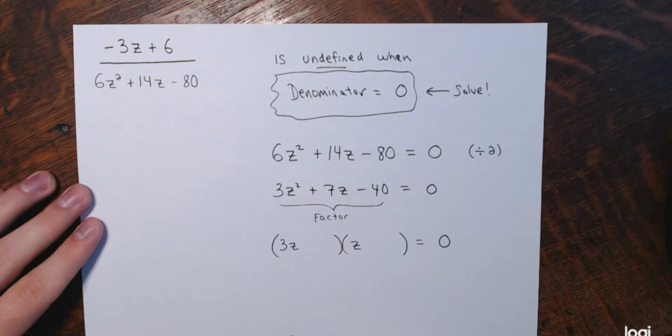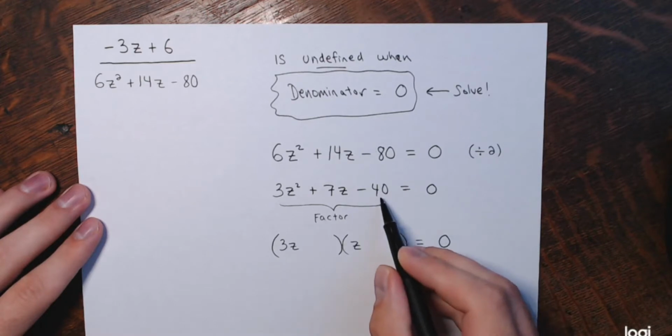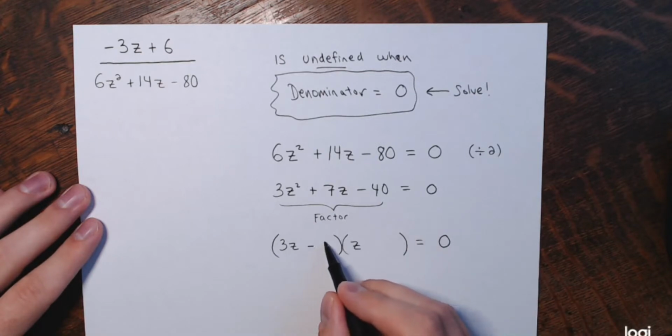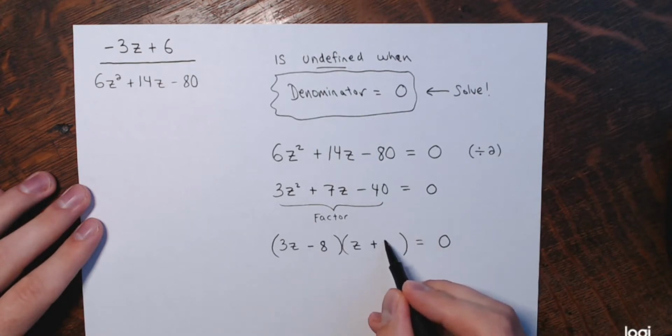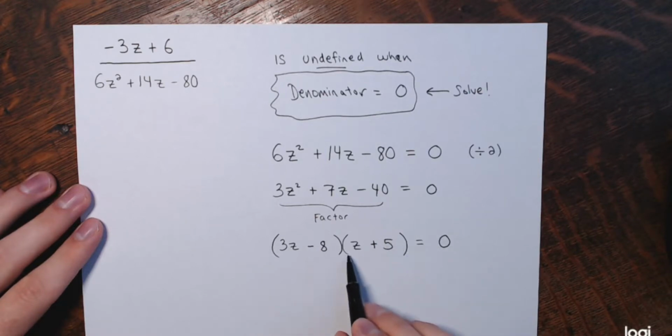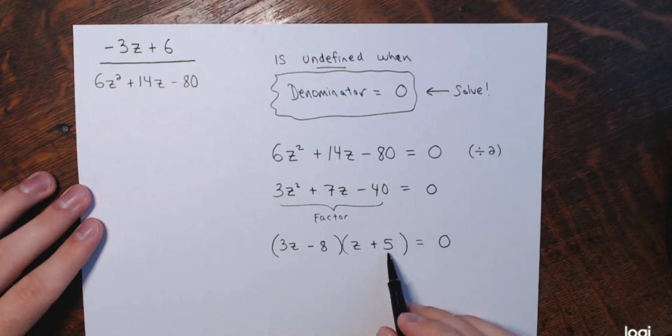Let's see if I break this up into negative 8 and positive 5. I would need negative 8 here, positive 5 there. That gives me 15z minus 8z for the positive 7z, and negative 8 times 5 makes negative 40.